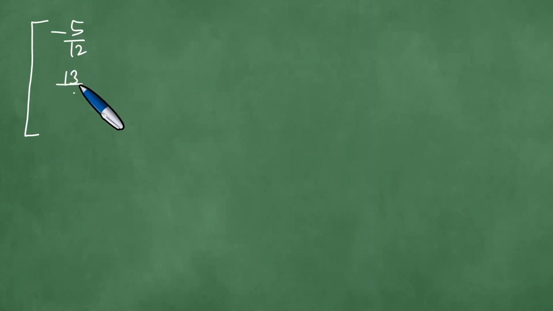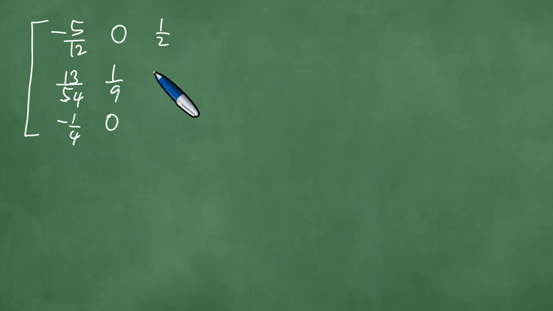So still we consider the inverse matrix, and we have minus 5 out of 12, 13 out of 54, minus 1/4, 0, 1/9, 0, 1/2, minus 1/3, 1/2.